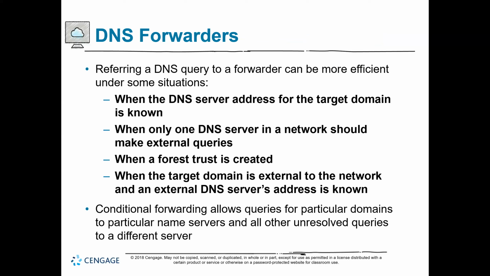Referring a DNS query to a forwarder can be more efficient under some situations: when the DNS server address for the target domain is known, when only one DNS server in a network should make external queries, when a forest trust is created, or when the target domain is external to the network and the external DNS server's address is known. Conditional forwarding allows queries for particular domains to go to particular name servers and all other unresolved queries to a different server.